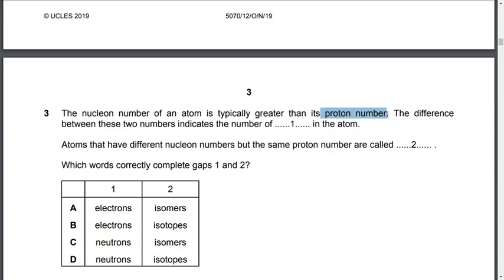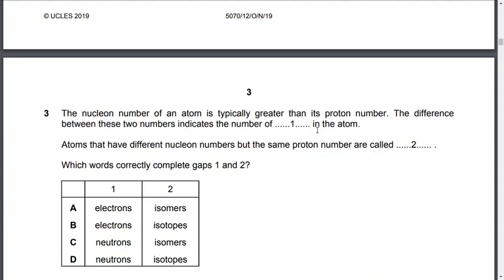So over here, proton number is already mentioned, but if we subtract proton number from the nucleon number, that is the total nucleus, then we are definitely going to get neutron number.